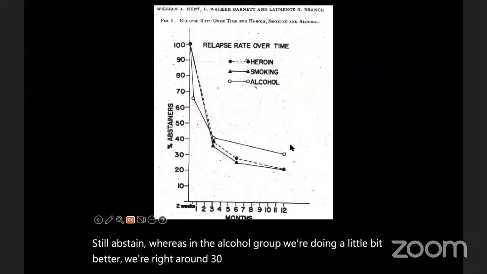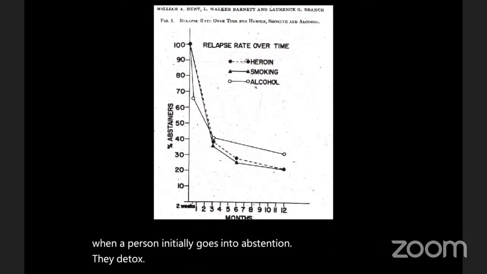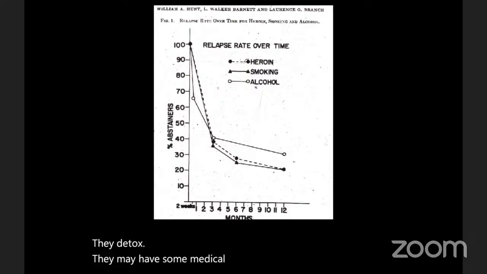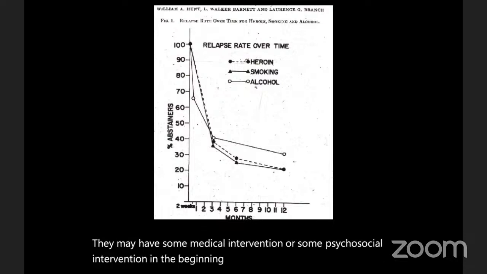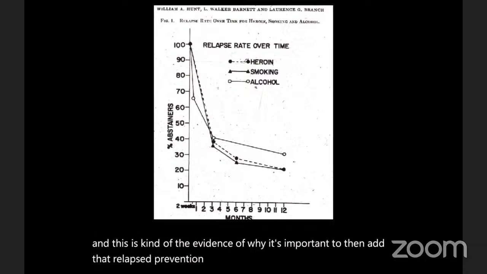So again, this graph represents when a person initially goes into abstention, they detox, they may have some medical intervention or some psychosocial intervention in the beginning, but then there's nothing after this. And this is kind of the evidence of why it's important to then add that relapse prevention aspect later on as the treatment continues.